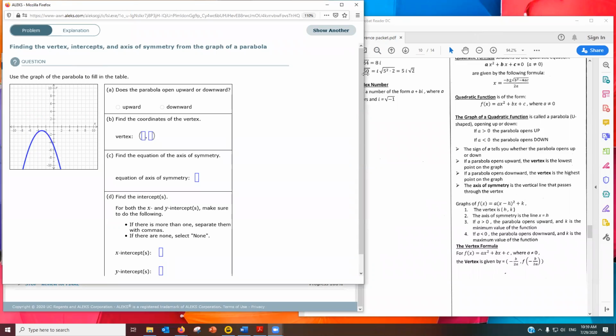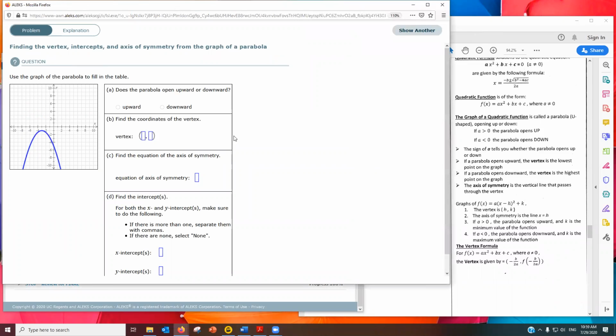All right. So they're giving me just the graph itself. Notice they're not giving me the equation. So they just want me to find the answers here by looking at the graph only. Well, first question, does this graph open up or open down?